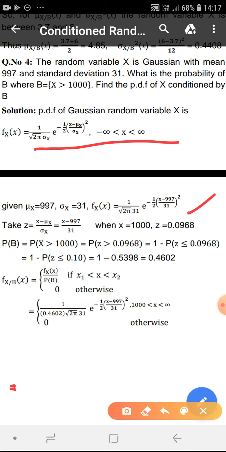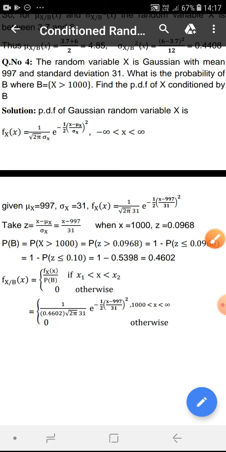For that we make the substitution z equal to (x minus mu x) divided by sigma x, which is (x minus 997) divided by 31. If we put x as 1000 and calculate, we get z as 0.0968. To 2 decimal places, we can take it as 0.10.